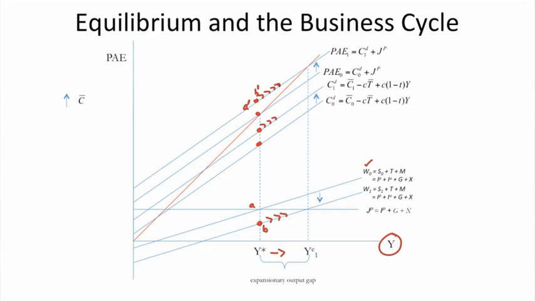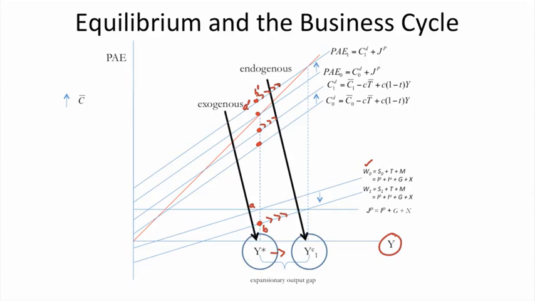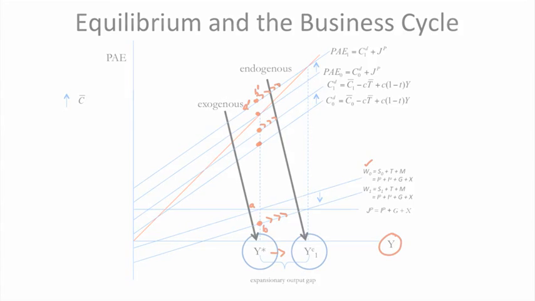So again, planned aggregate expenditure has been the key. Again, we have our exogenous potential GDP unchanged, but we have our actual equilibrium GDP being endogenously determined within the model, in this case increasing as a result of an exogenous change, a change in this example in household consumption behaviour.